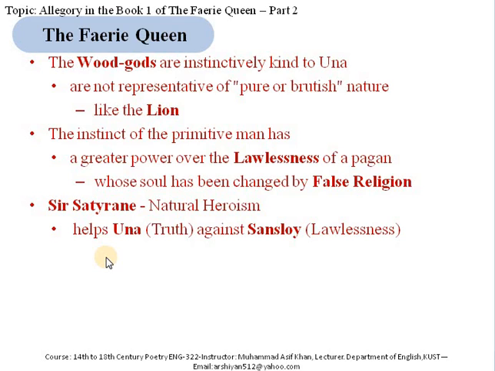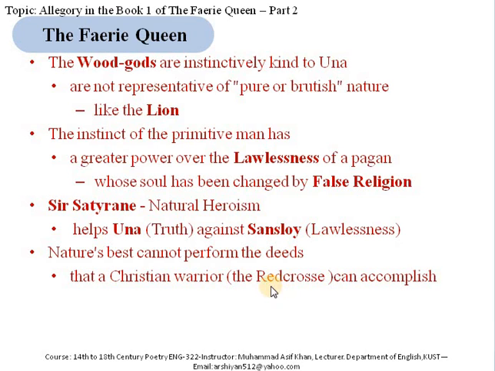However, he does not represent anything Christian, and therefore we see that he cannot defeat Sansloy. Spenser repeatedly maintains the concept that nature's best cannot perform the deeds that a Christian warrior can accomplish. So these deeds must be performed by the Red Cross Knight, who has been weakened by his visit to the House of Pride.